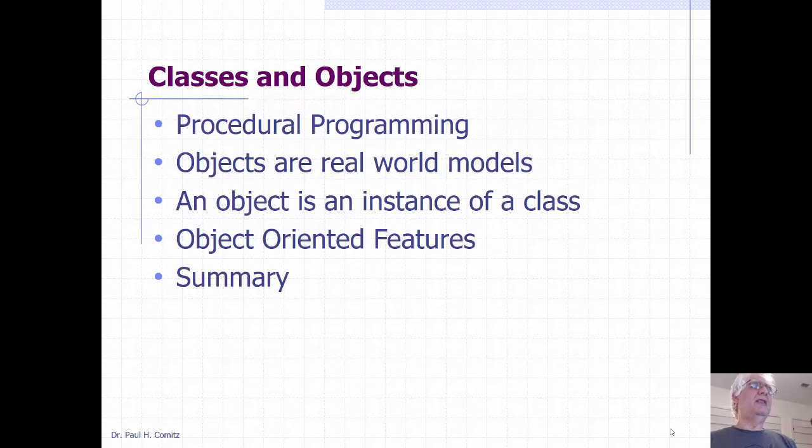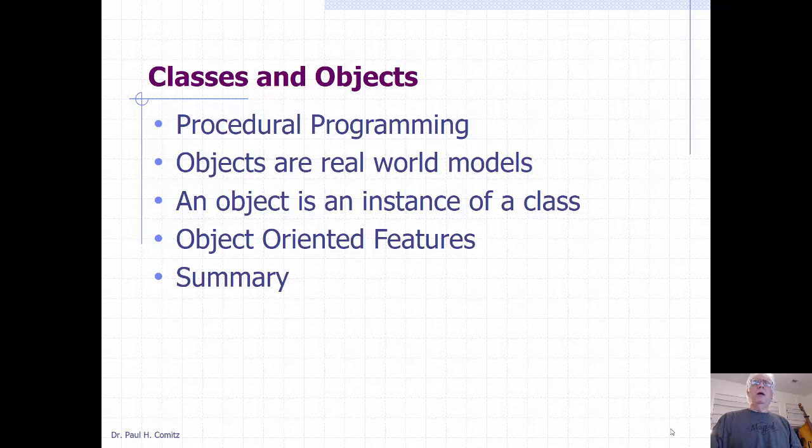So here's our plan of attack. We're going to begin by comparing and contrasting some programming styles. OO, object-oriented programming, is clearly the state of the art today and has been for many years. But that was not always the case. It didn't come from nowhere. It came from actually procedural programming.